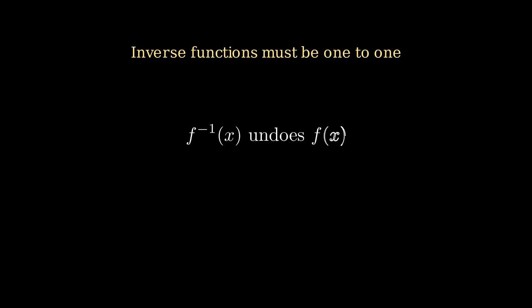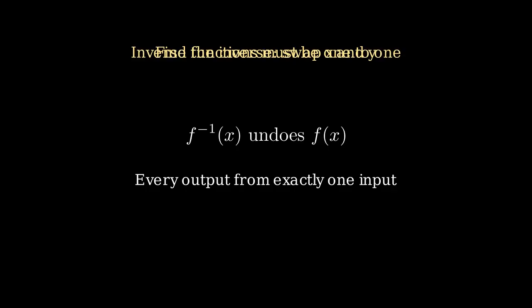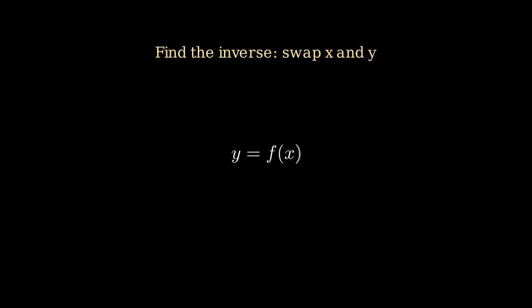So fg(3) equals 19. Now inverse functions. f⁻¹(x) undoes what f(x) does, but a function only has an inverse if it is 1 to 1, meaning every output comes from exactly one input. To find an inverse algebraically, start with y = f(x), swap x and y, then rearrange to make y the subject again.